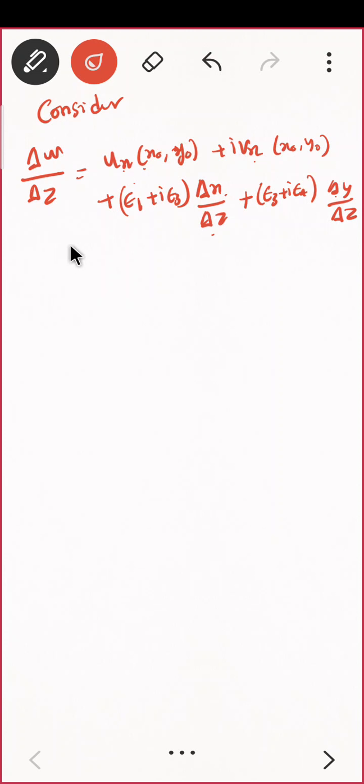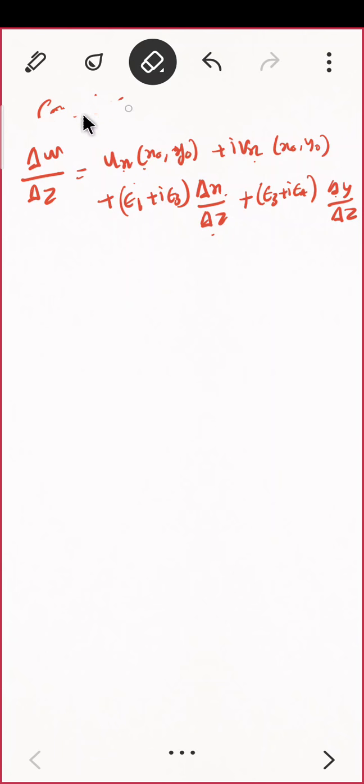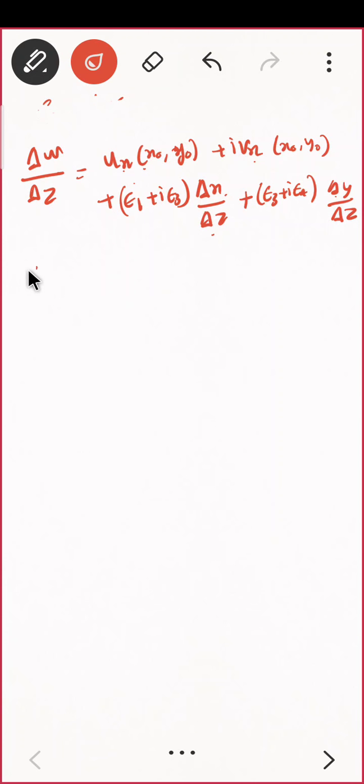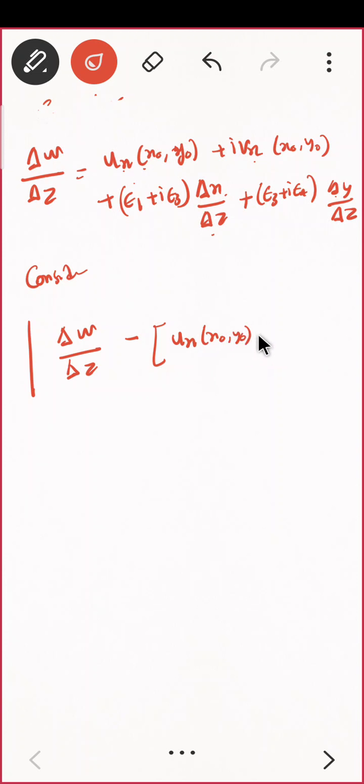Yes. Now see, हम लोग प्रूफ कैसे करते थे डिफरेंशियबिलिटी. We used to write like this: consider, or I'll just remove that consideration part from here. I'll write here, consider mod of delta w by delta z minus what is the derivative, that is ux at x naught y naught. See, epsilon delta हम लोग प्रूव ऐसे ही करते हैं ना, and we need to prove जो whole part है that should be less than some epsilon, correct.